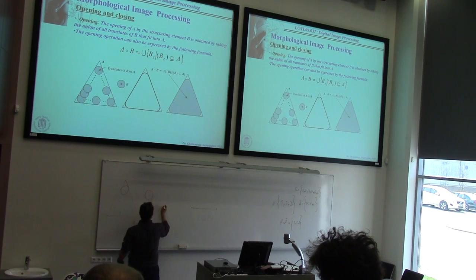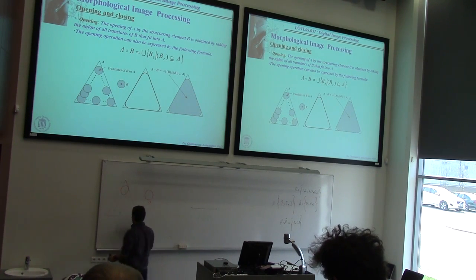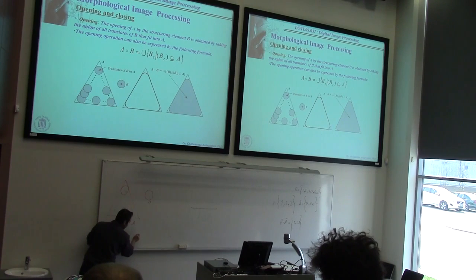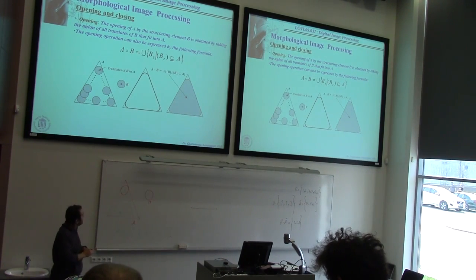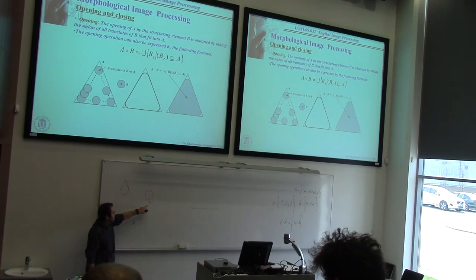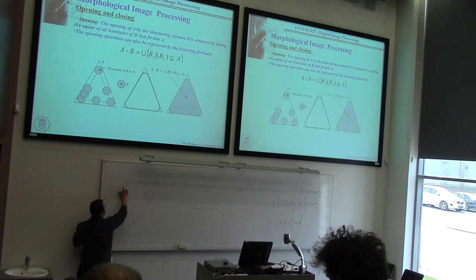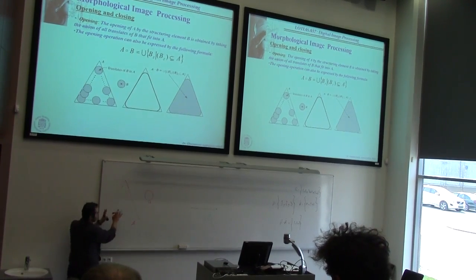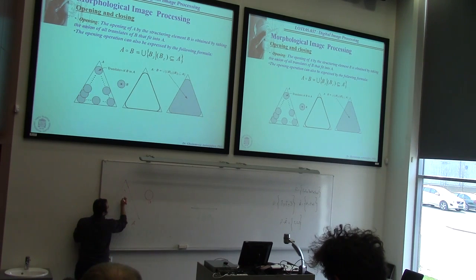Then we have this, and we have to find the dilation of this result, again with the structural element B. And we know that when we put the structural element B in this part of the result, let's put the center here, it's just for the dilation, and we have a shape like this.